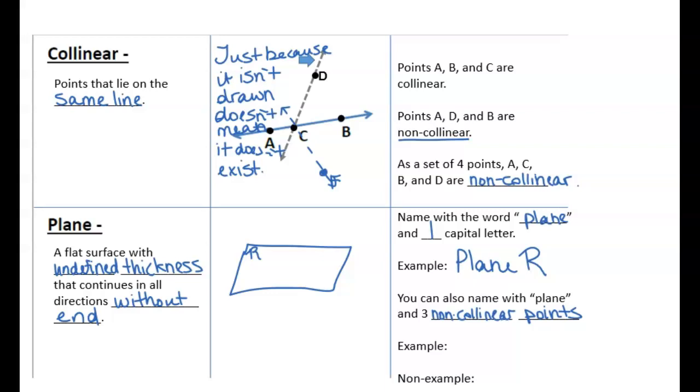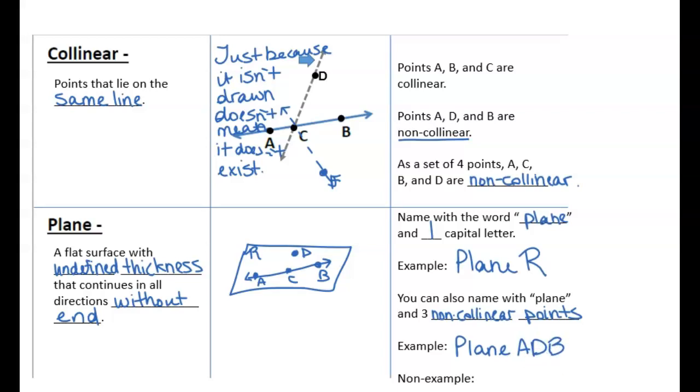So from my previous example, I might have A and C and B be collinear points, and then I might have point D floating out here. And so I might say from before that I knew points A and D and B were non-collinear. So I might call this plane A, D, B.